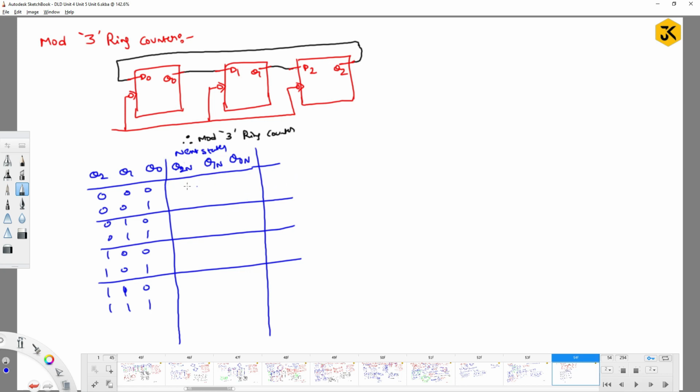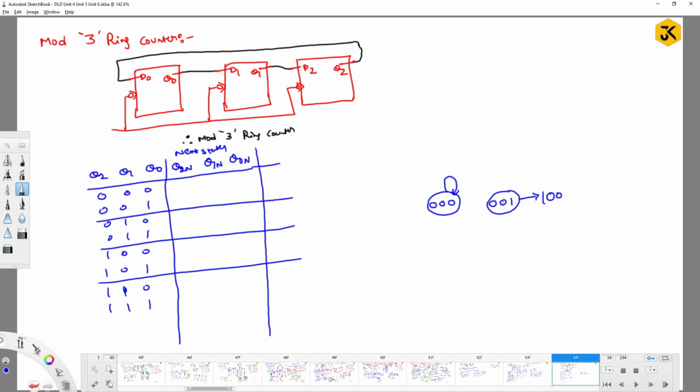According to our assumption we could write, if I go with 000 as the value, the next state value will be again 000 only, right? If I have 001, the bits are going to be shifted, so the next state will be 100.